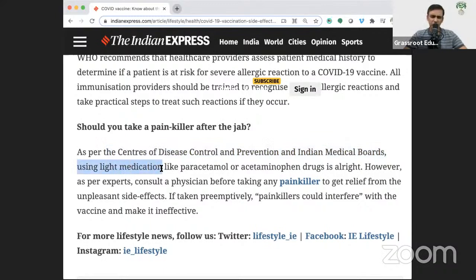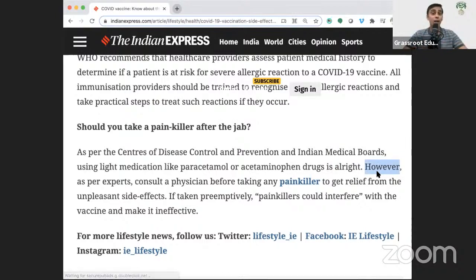using light medication, you can focus on certain words. Using light medication like paracetamol or acetaminophen drugs is all right. Okay. However, so whenever you have this word, you know there is a twist coming in.